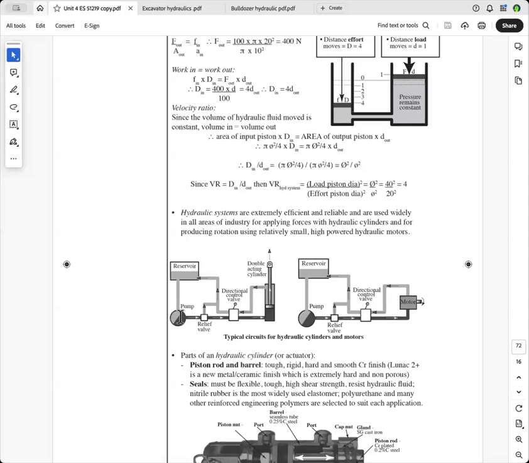Have a look at a concrete truck agitator, huge, could have 10 tons of concrete in it, and have a look at the little motor that's driving it. It's right at the end, and you'll see hydraulic hoses going into it, and it's a very small motor, very efficient. So that's the pump there.